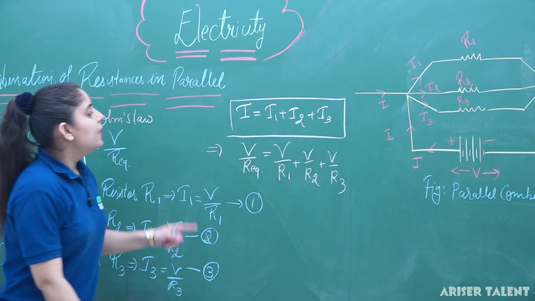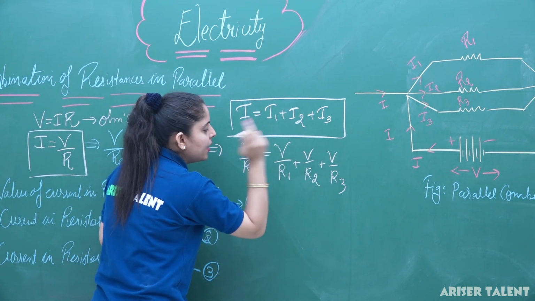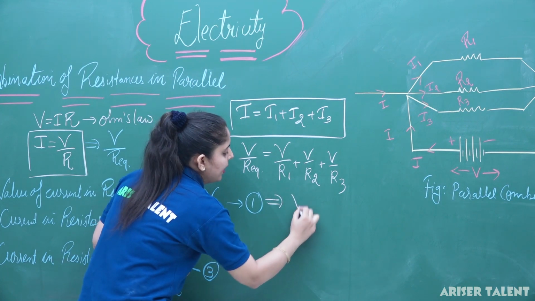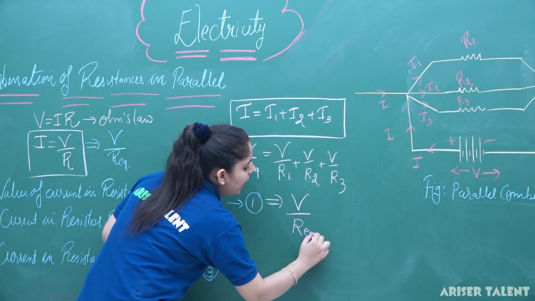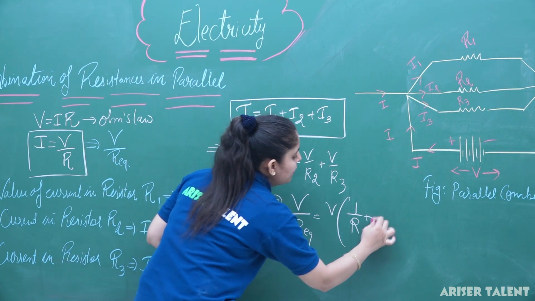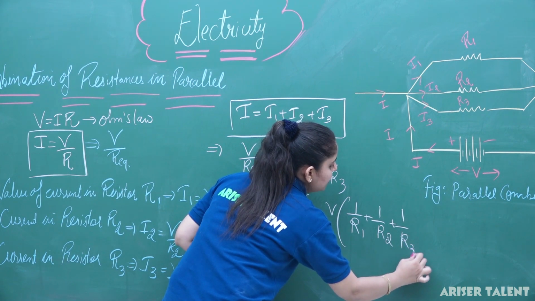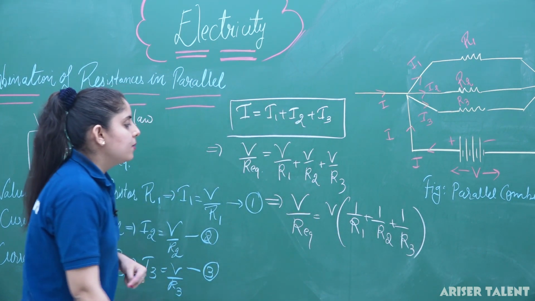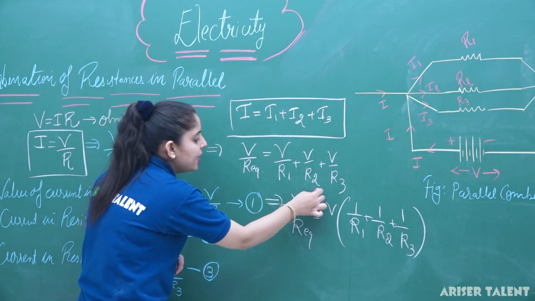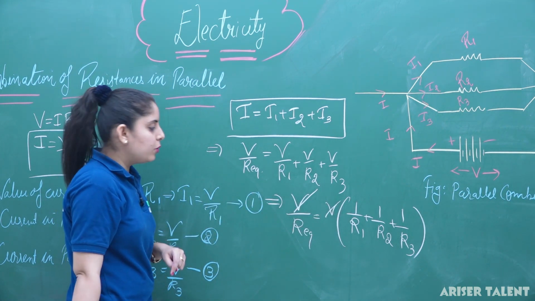Now, look at the right hand side of the equation. You can see that V is a common term. So, I can write here V upon R equivalent is equal to V in bracket, 1 upon R1 plus 1 upon R2 plus 1 upon R3. Now, this V will be cancelled by this V because the equation is equated on both the sides.